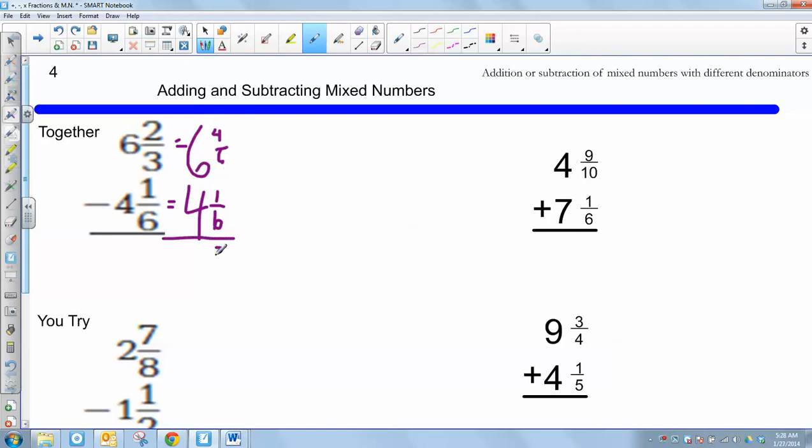So I'm going to end up with 3/6 with a fraction and 2 for a whole number. And what's wrong with this answer? You got it, it's not in simplest form. So let's go ahead and make that into simplest form. And my final answer is 2 and 1/2.